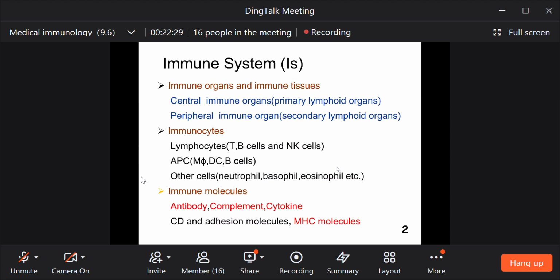And the other cells, such as neutrophil, basophil, eosinophil, and mast cells. All those cells together are called immunocytes. And immune molecules, such as antibody, complement, cytokine, CD molecules, and adhesion molecules. It also includes MHC molecules.